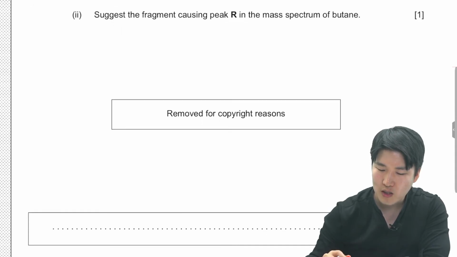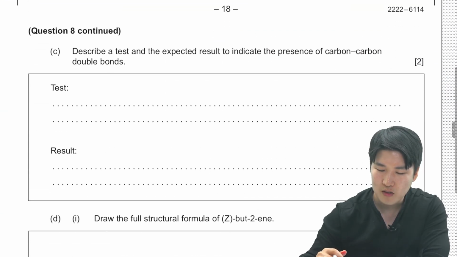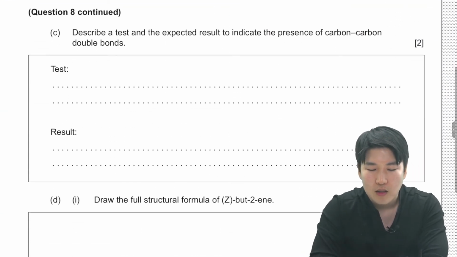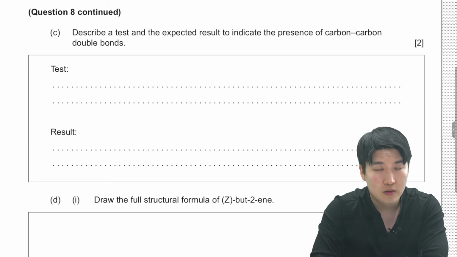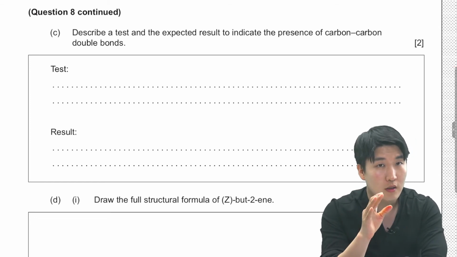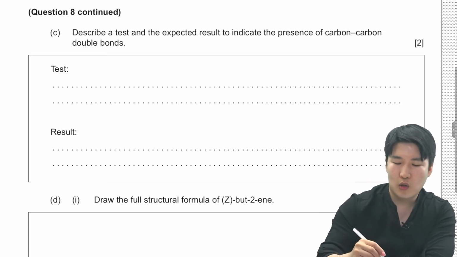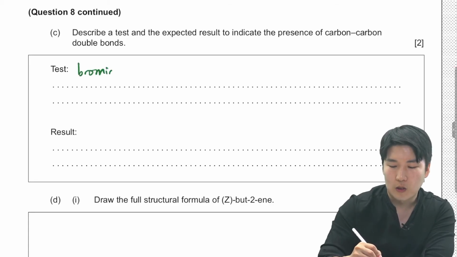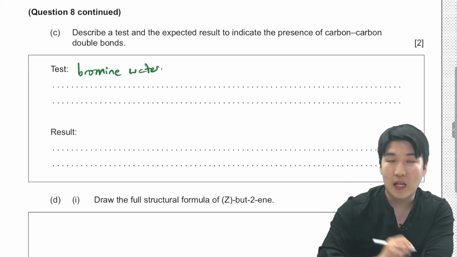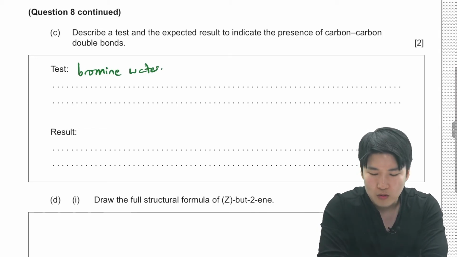We'll skip this question as we have the mass spectrum data removed for copyright reasons. Presence of carbon to carbon double bonds, in other words alkenes, undergo the characteristic electrophilic addition reaction with halogens and other electrophiles. So bromine water testing could indicate the presence of carbon-carbon double bonds.